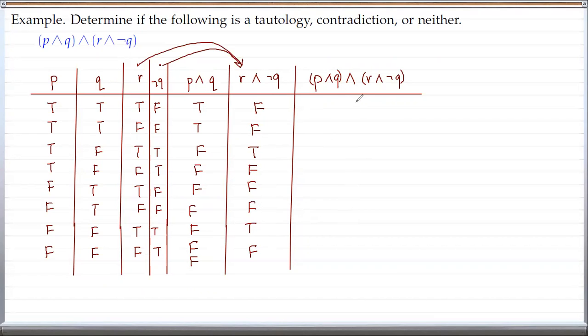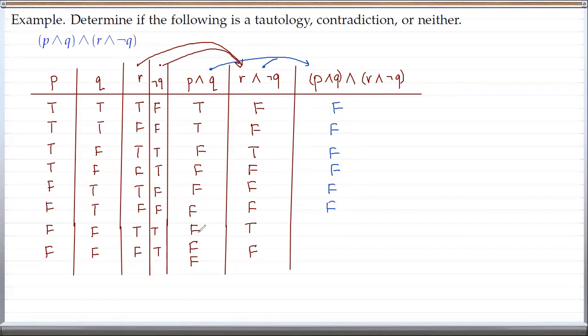Now the final calculation here: P and Q and R and not Q. So we're combining these two columns by and. True and false is false. True and false is false. False and true is false. False and false is false.